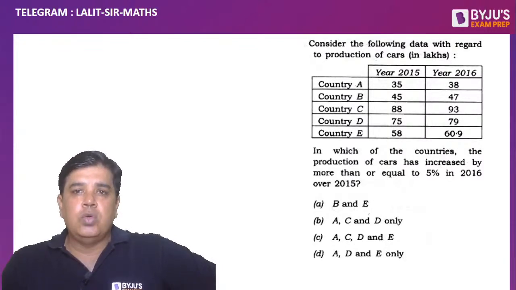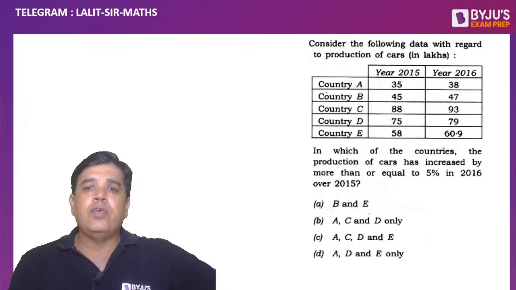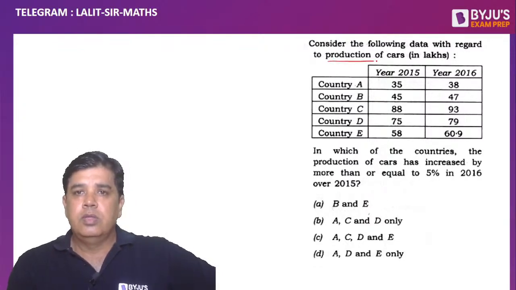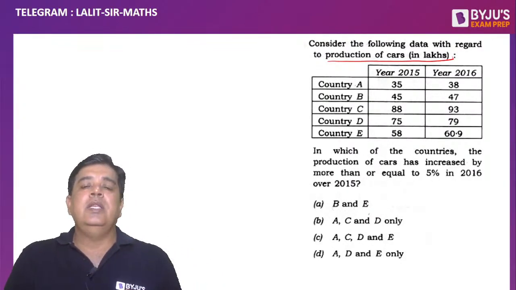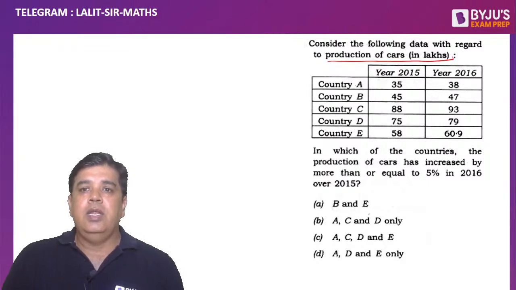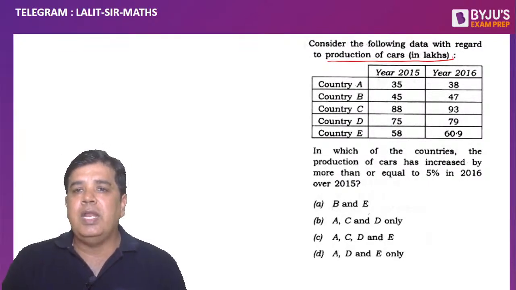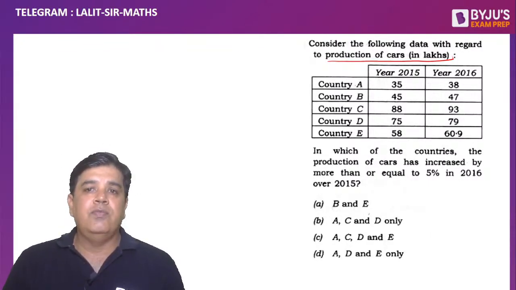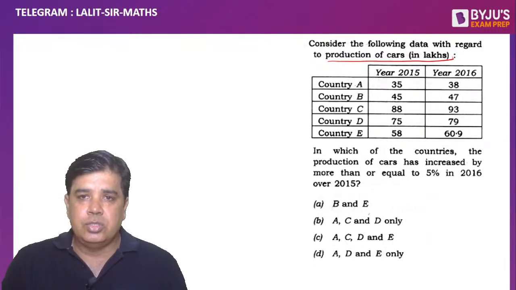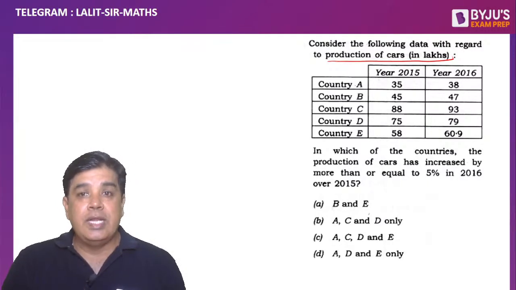So the very first question is linked to production of cars. This is production of cars in lakhs, right? In the year 2015 and the year 2016 we are given 2 productions for 5 different countries.